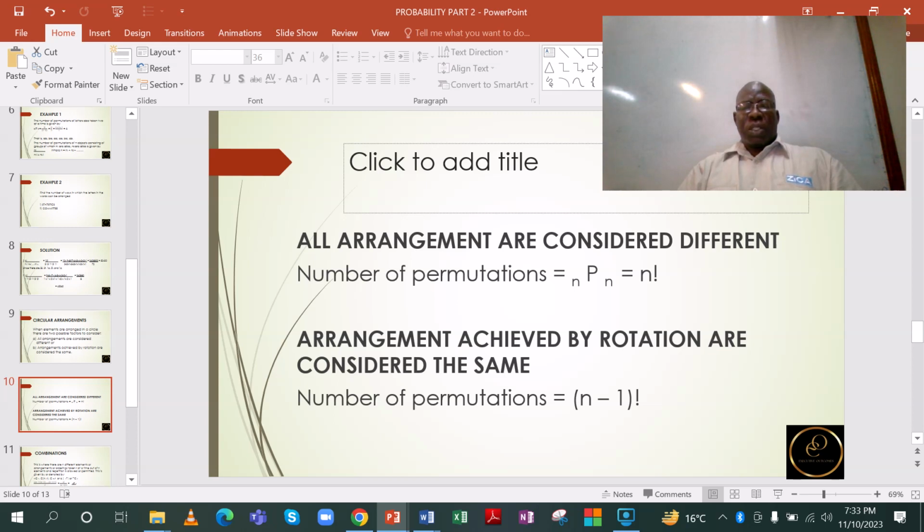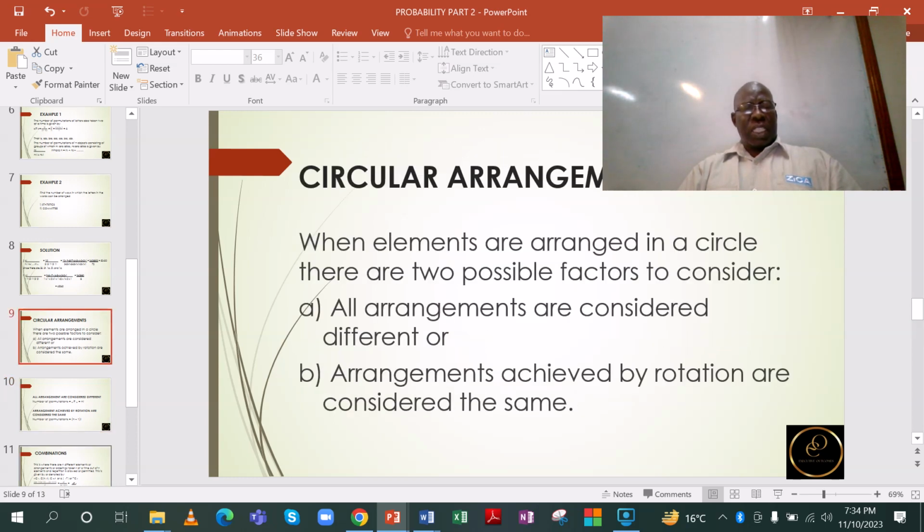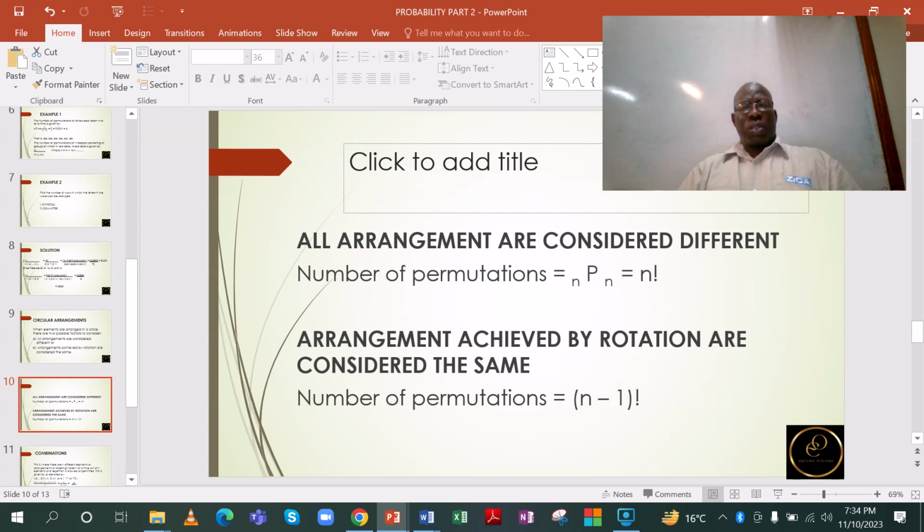Then when arrangements achieved by rotation are considered the same, what to do is find n minus 1 factorial. That's all you need to do. So these two formulas are what you need to consider when you are talking about circular arrangement.